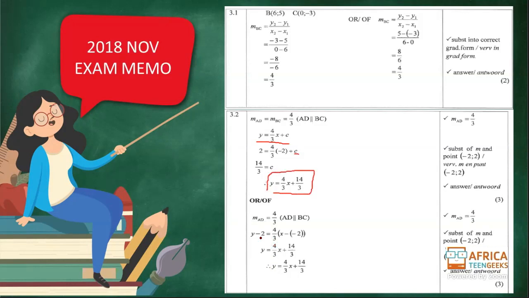Or you can use the other. So there's more than one way of solving the problem, but you will still get marks, okay?